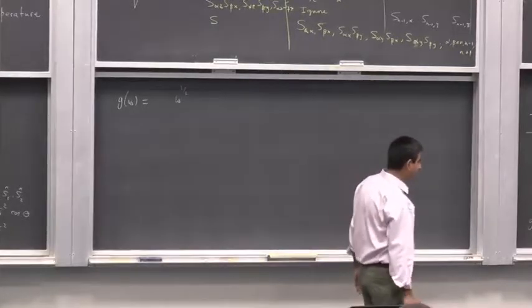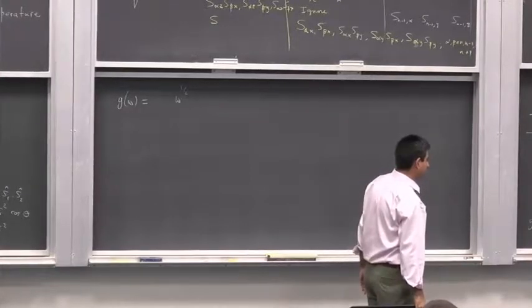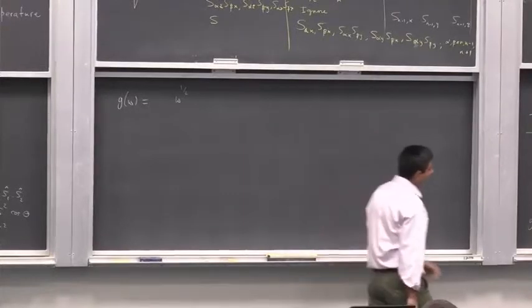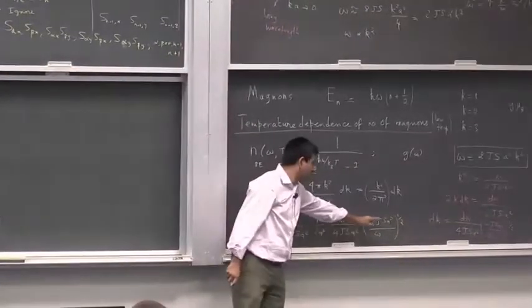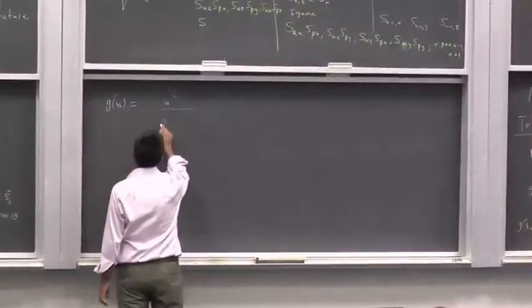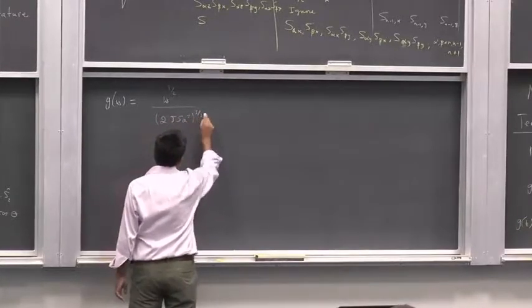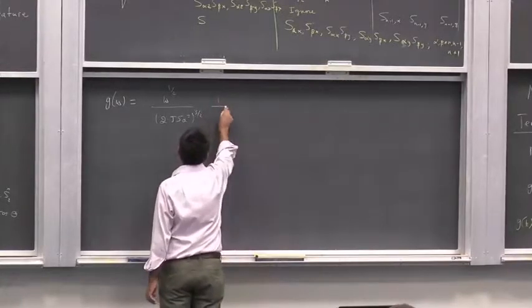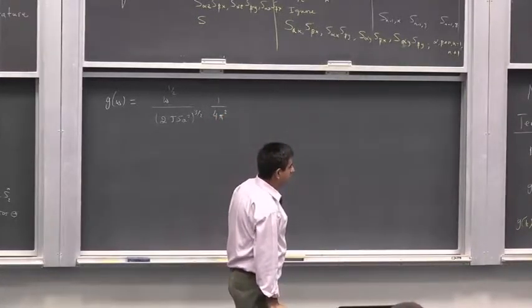So this is 2J SA squared to the power 3/2, times 1 over 4 pi squared, right?